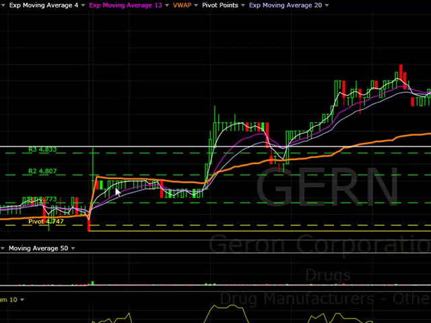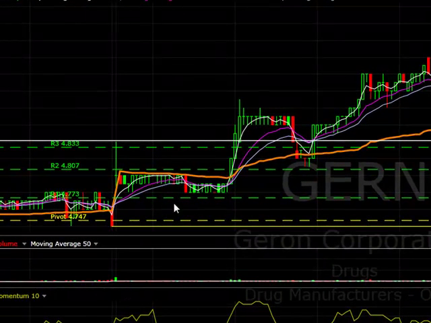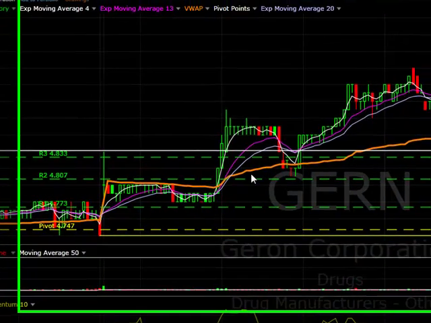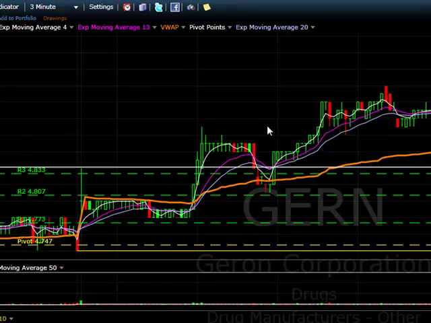And every time you get above one of these indicators, you get above VWAP, or EMA 4 gets above 13, or EMA 13 gets above 20, or you get above the morning high, in these examples, you're increasing your odds of a positive return, right? So you're increasing your odds, even if it's 50 bucks or 20 bucks.